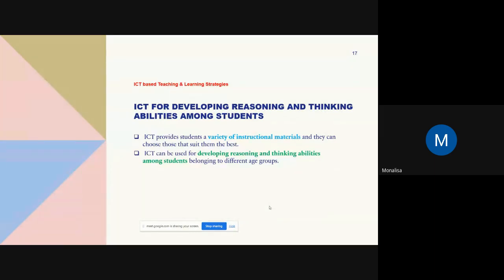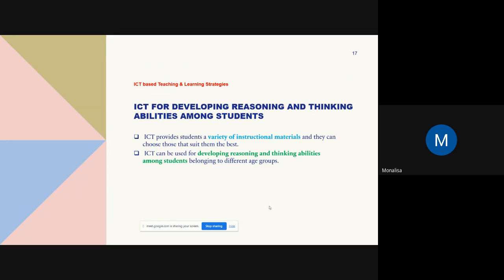Then coming to ICT used in developing the reasoning and thinking abilities of the students. You must have seen that ICT can be used in many subjects, in almost all subjects. ICT provides students a variety of instructional materials, and they can choose those that suit them.